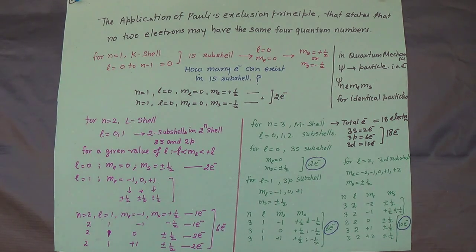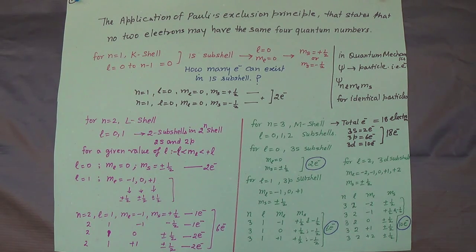Now for L is equal to 1, that is basically the p subshell. The third quantum number is the magnetic quantum number ml. ml varies from -1 to +1. Why? Because L is equal to 1 here, and ml varies from -L to +L. So -1, 0, +1.